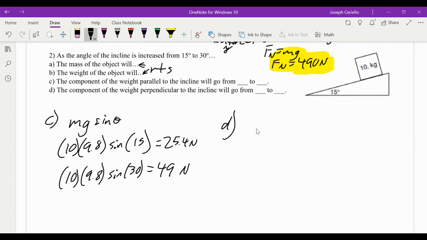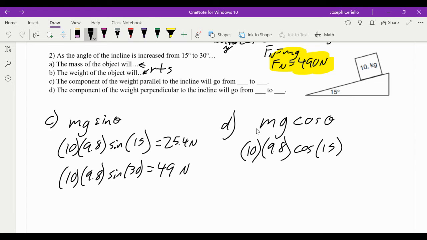All right, let's check out D. So this one's weight perpendicular. We're talking about weight here for C and D, not acceleration. So it's mg cosine theta. So we're going to have 10, 9.8, cosine 15 degrees, and 10, 9.8, cosine 30 degrees.